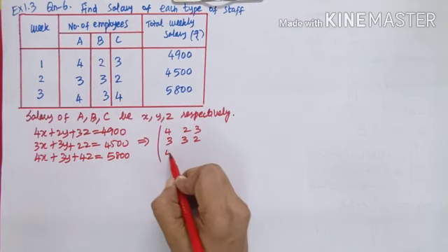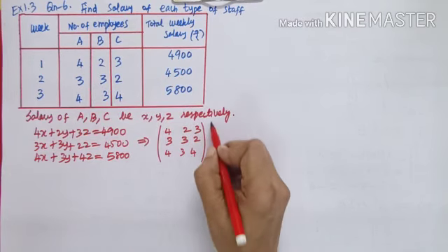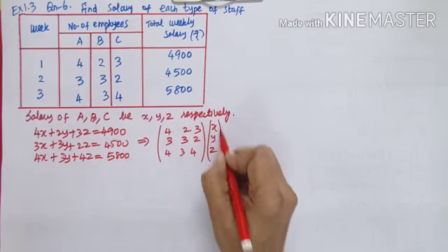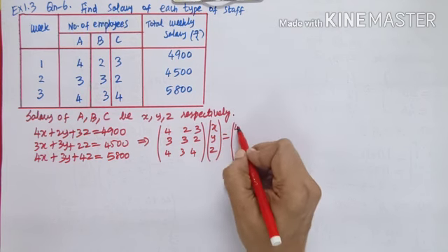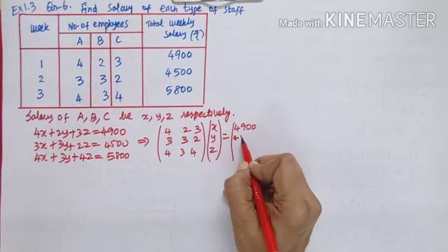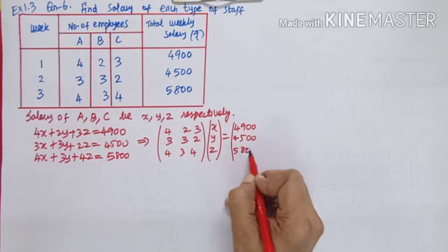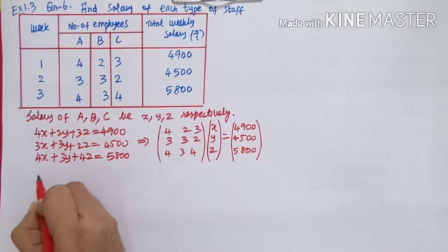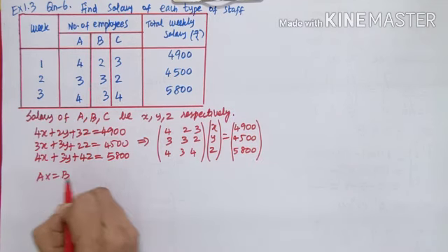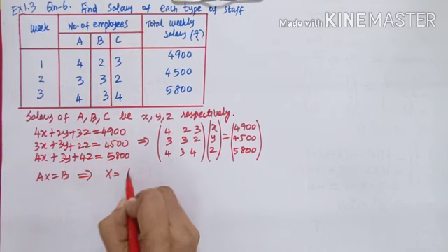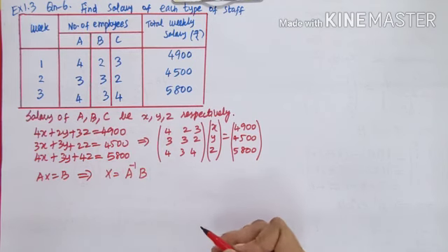The same thing only will come. 4, 3, 4 into X, Y, Z gives me the RHS 4,900, 4,500, 5,800. Ax equal to B form tells me X is equal to A inverse B.